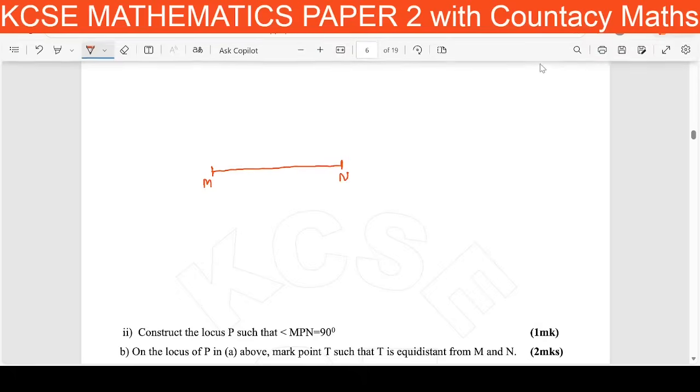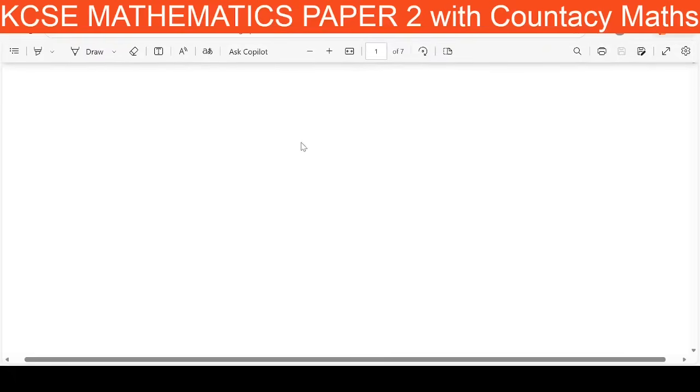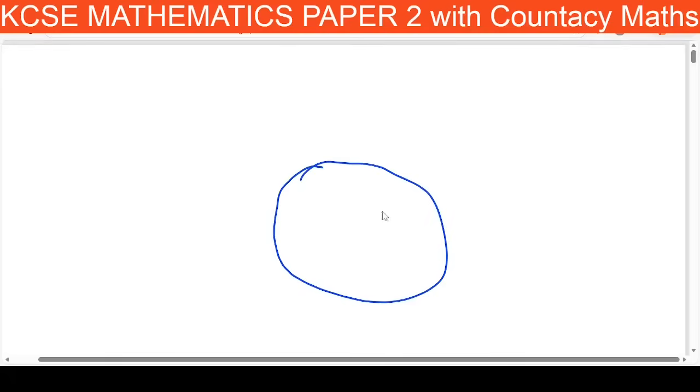You remember when you said that in angle properties, when you've got something like this, let's say you have a circle, and then that circle you have it like there, and you have a line that is passing via the center, which we call the diameter, that diameter will always make 90 degrees with the circumference. If you draw a line there, this one will be 90. If you draw a line here like that, this one will be 90.